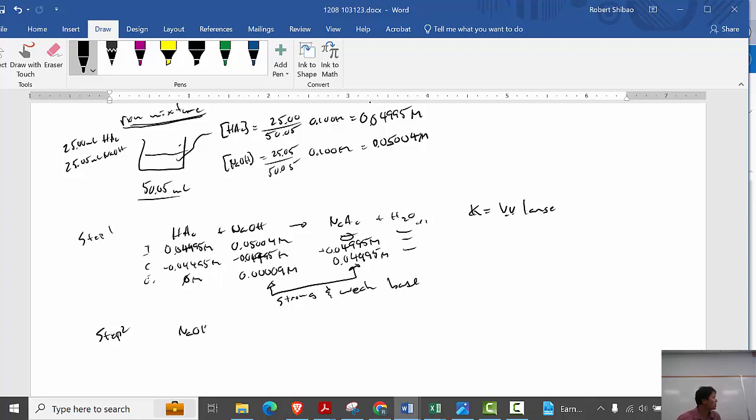Okay, sodium hydroxide. This is optional here, this step 2. Sodium hydroxide is going to make sodium ions and hydroxide ions. And so initially we start off with quadruple 0.09 molar and 0 and 0. And then this is going to be complete. This is a soluble salt. Sodium salts are all soluble.